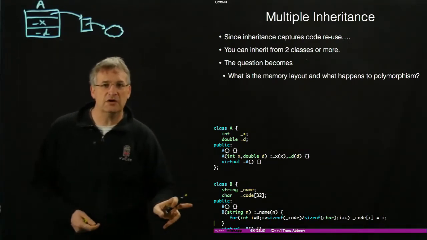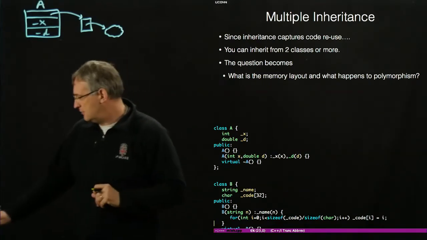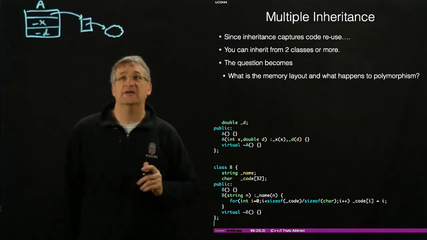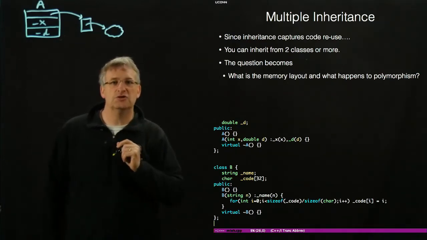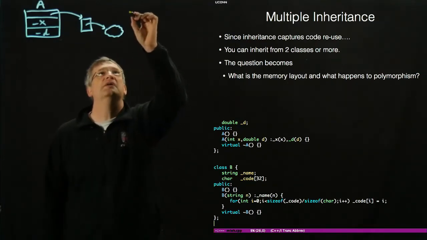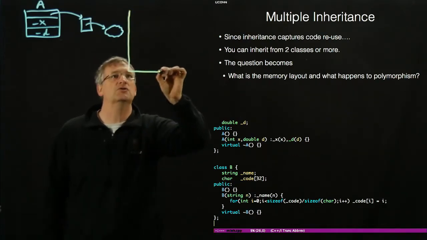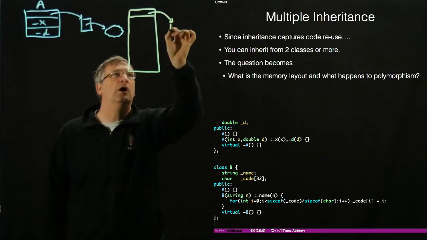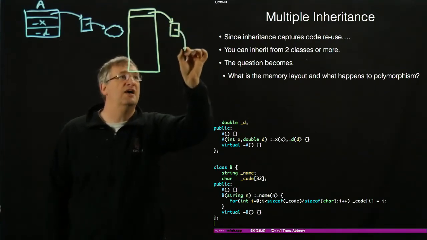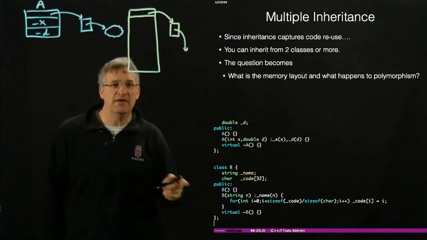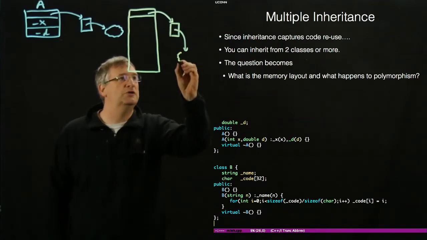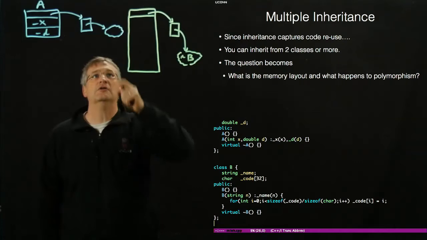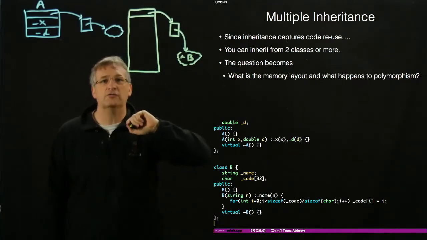Now, let's do the same thing, but drawing a B. What does a B look like? Well, we have the definition here, and remember that B has a virtual destructor as well, so it has two fields, but this time it's a string and an array of characters, so a B is quite a bit bigger. So let's make a bigger object. The first field is a pointer to a table of size 1, because there is only one virtual method, and that method happens to be the destructor of B, tilde B. Here it was tilde A. Now the attributes are what?